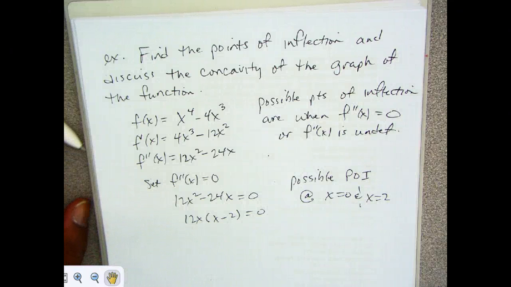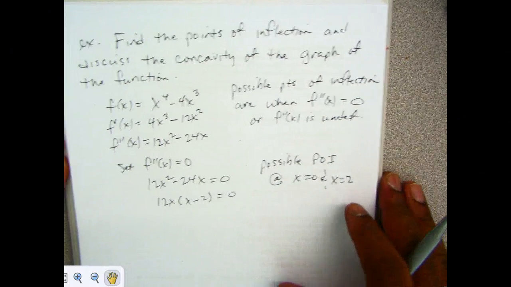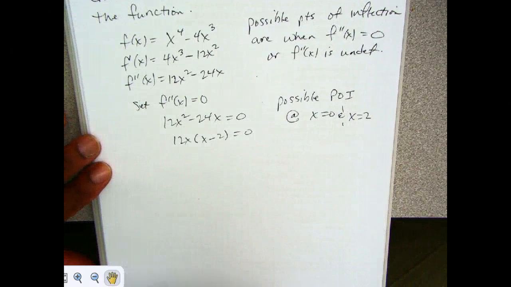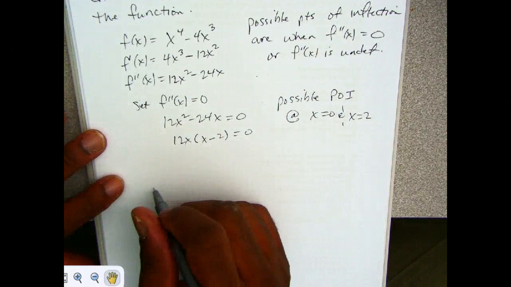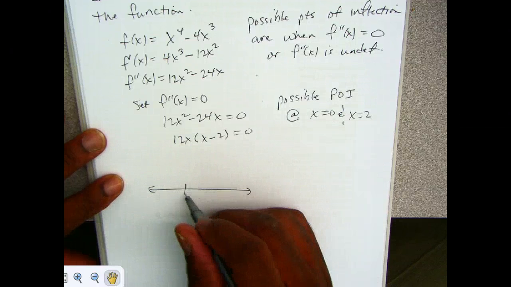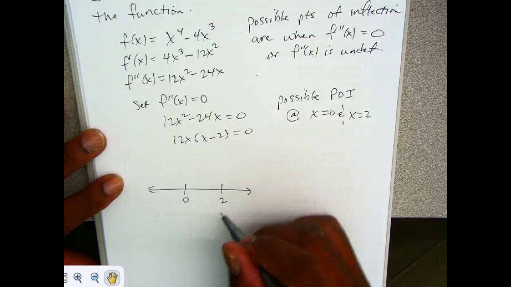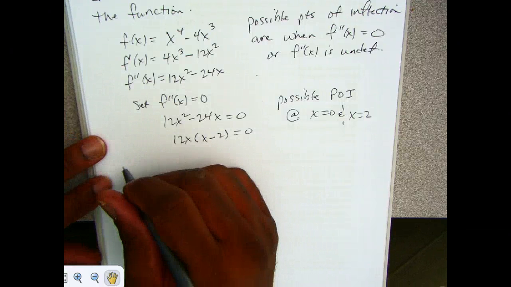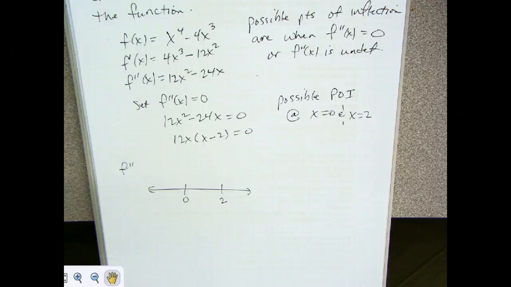So the same that we did with our sign chart, let's go ahead and try that here, except this time we're going to use f double prime. Possible points of inflection are at 0 and 2. So here up top we put f double prime. If f double prime is greater than 0, your graph is concave up.